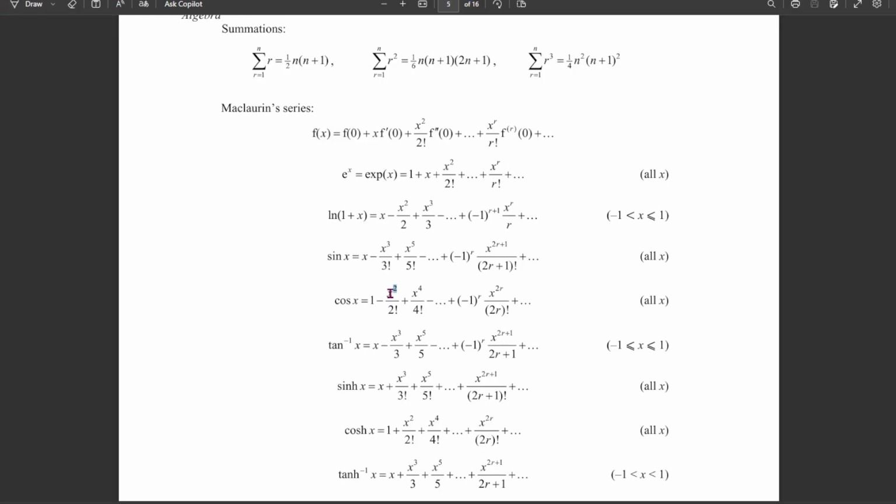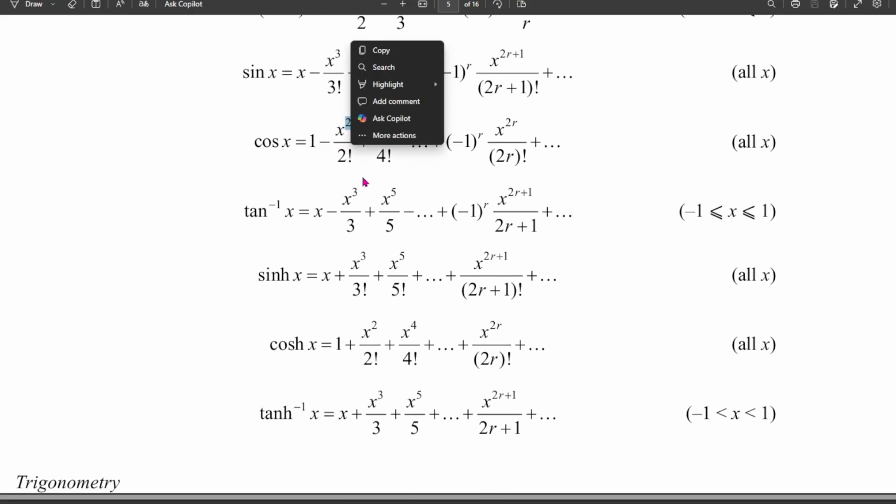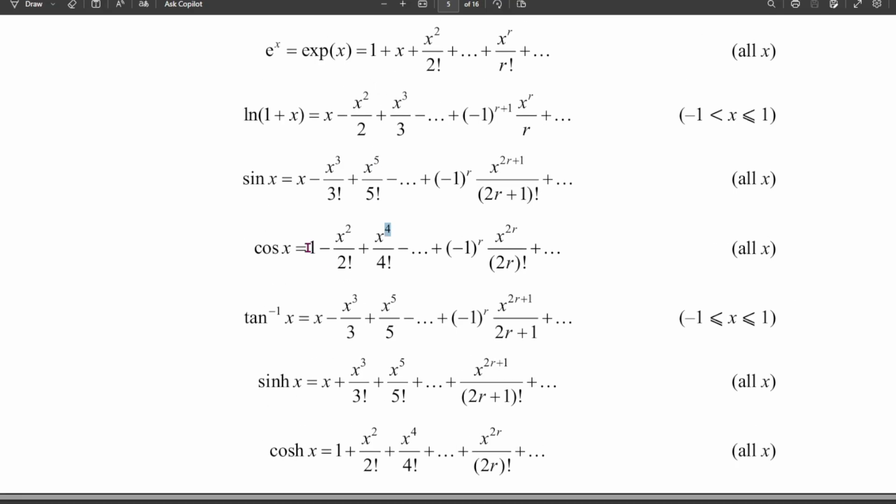What even function means is that when we do the Maclaurin's series expansion, all the powers of x are even powers. So no matter what angle is inside, even if it's negative, a power of an even number cancels out the negative. So cosine of a negative angle is just the same as a positive cosine. Negative theta squared is positive theta squared, negative theta to the power of 4 is positive theta to the 4, and so on. However, for sine of negative theta, sine is an odd function, meaning all the powers are odd.